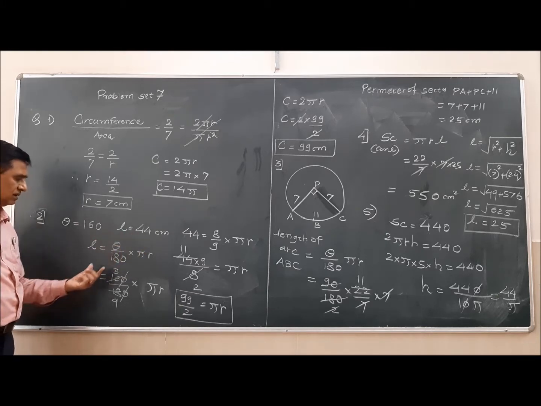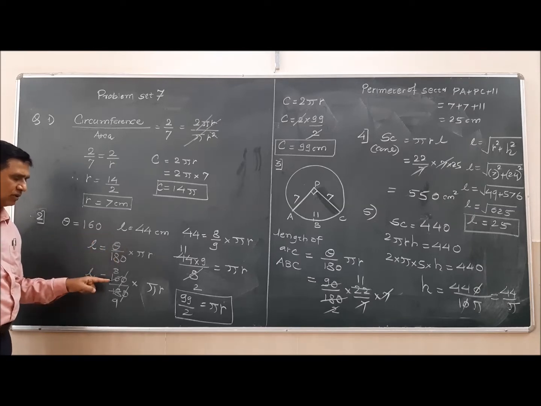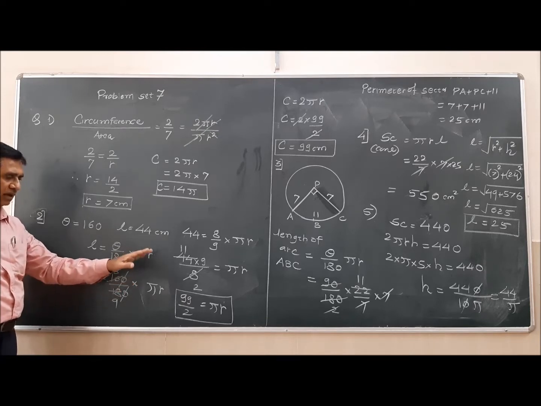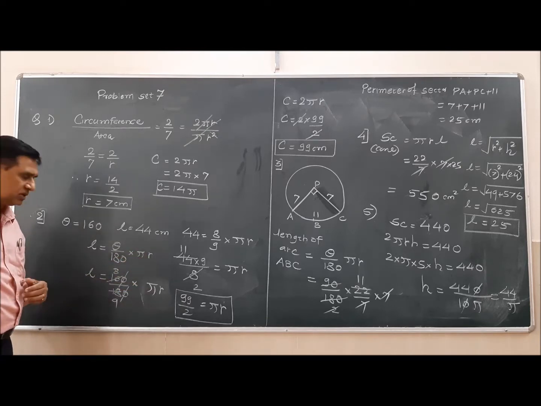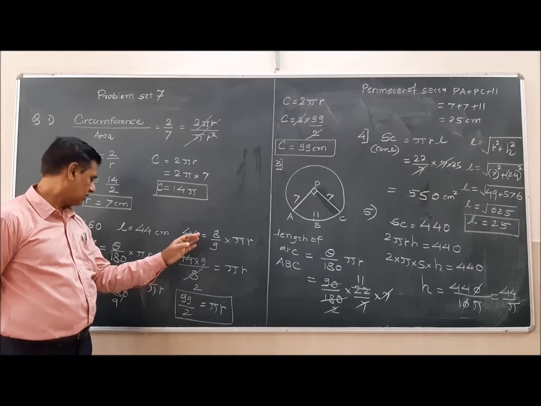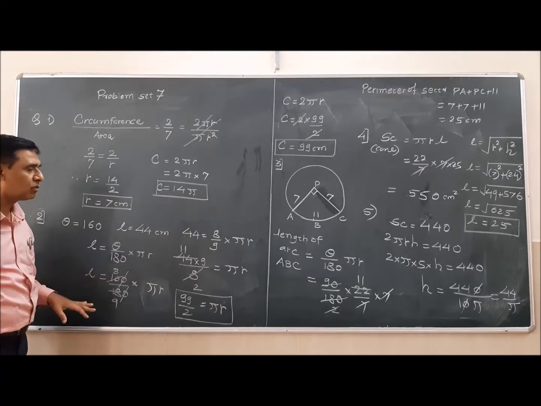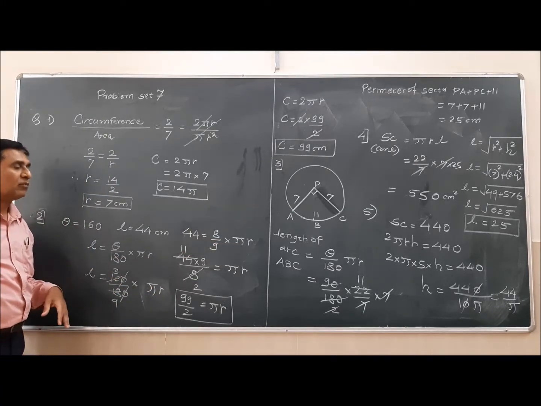Now I substitute the value of length of arc as 44. So here L is equal to theta, but theta is given as 160 upon 180 into this pi r as it is. Next step is, now 44 is equal to 8/9 into pi r. After cancellation over here, you will get 8/9.